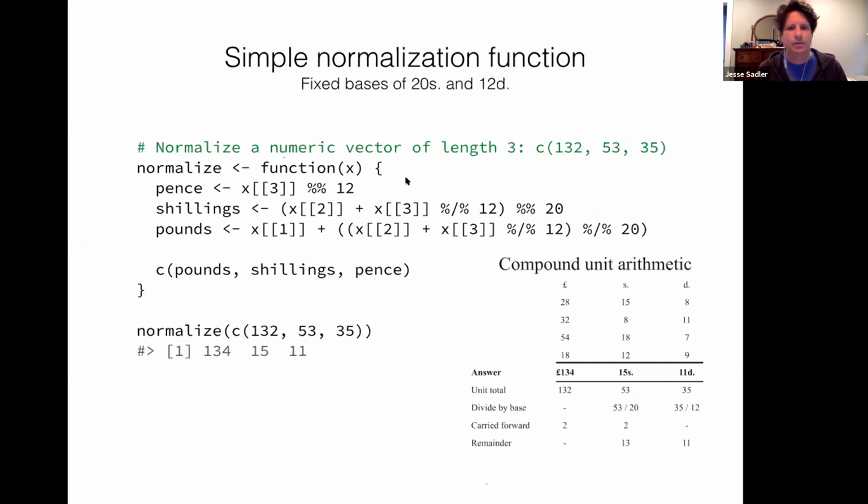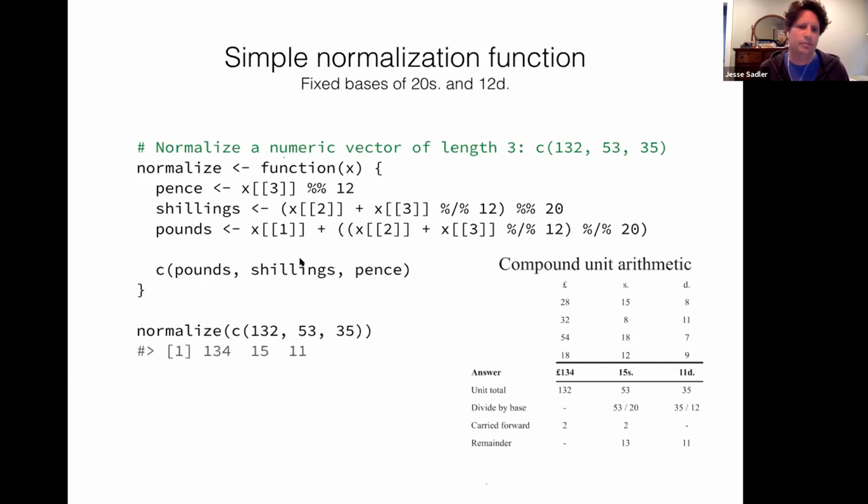Basically what it's doing is remainder math. The pence value is going to be the third unit, with the remainder from 12 or whatever base it is. The shillings is going to be the shillings plus the quotient, with the remainder of 20, and then the pounds does that again in a more complicated fashion.